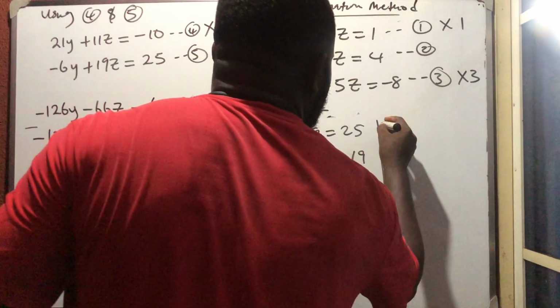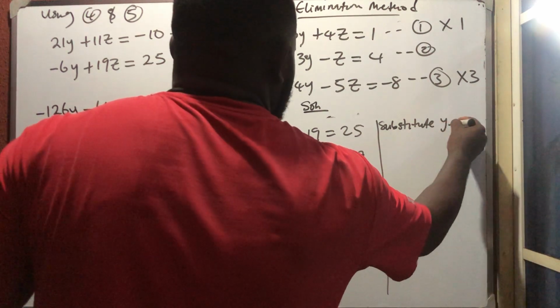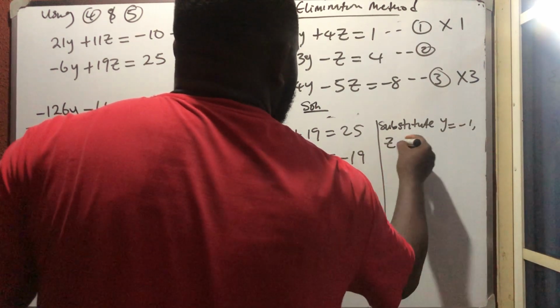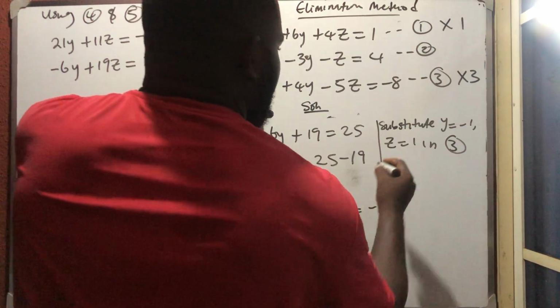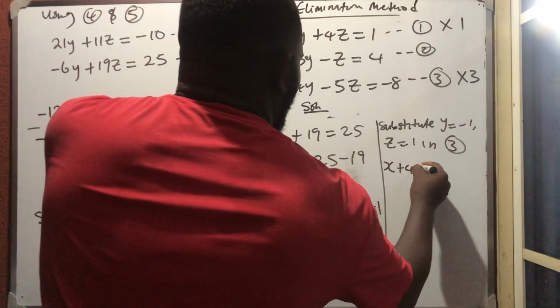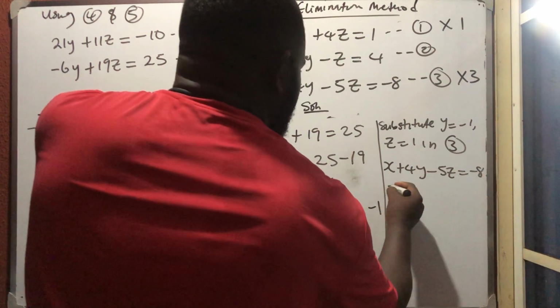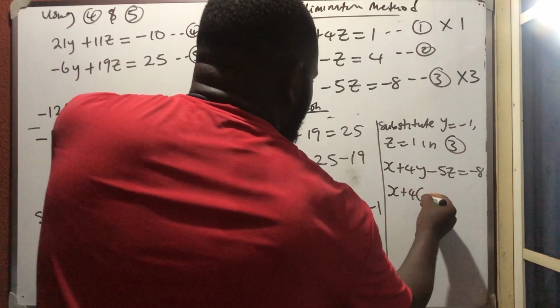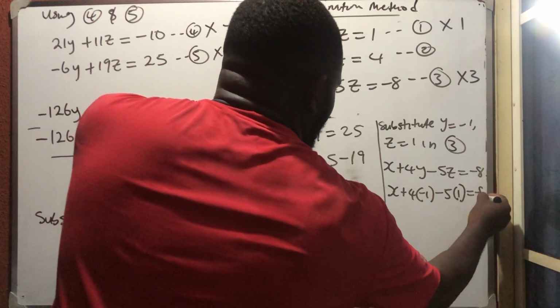So I'll substitute y to be minus 1 and z to be 1 in, I want to use equation 3. It's easier for me. Equation 3 said x plus 4y minus 5z is equal to minus 8. So let us put it: x plus 4 into minus 1 minus 5 into 1 is equal to minus 8.